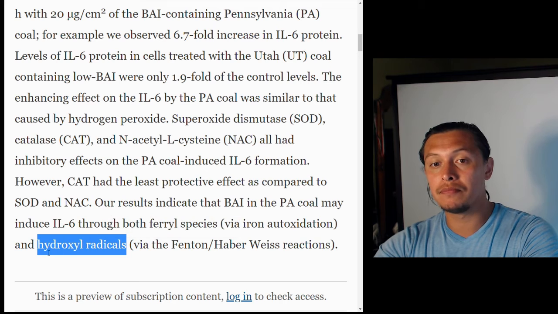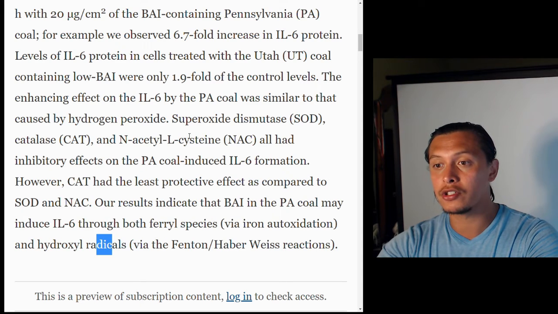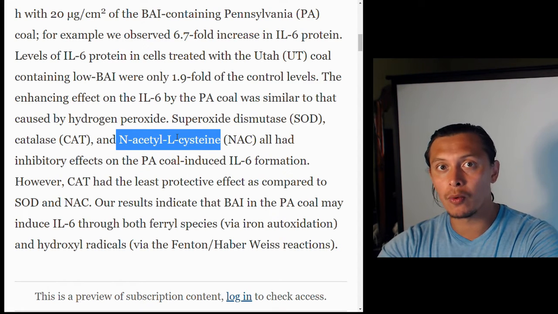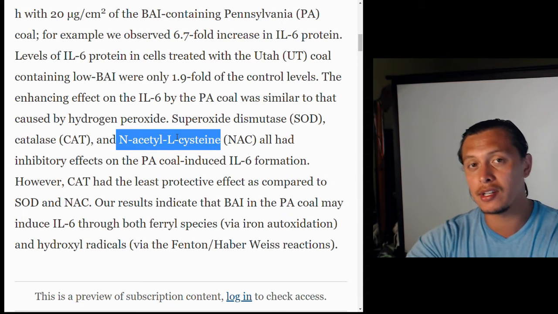So yeah, this is all extremely important. These antioxidant enzymes and chemicals are necessary for removing these pro-oxidants or these oxidative radicals.